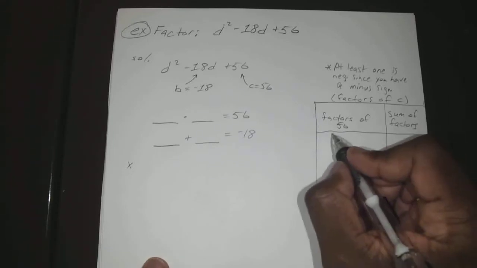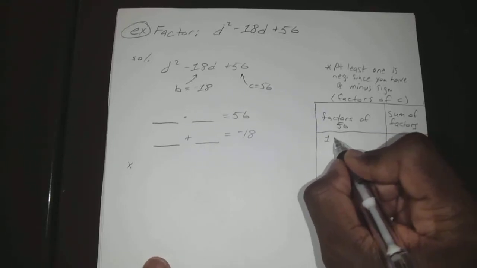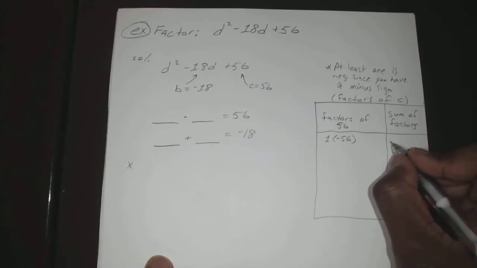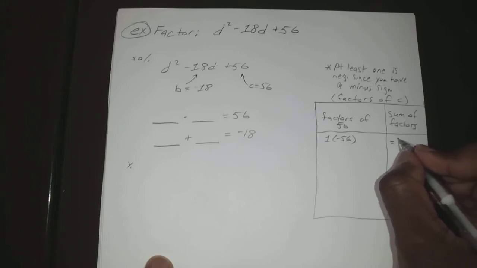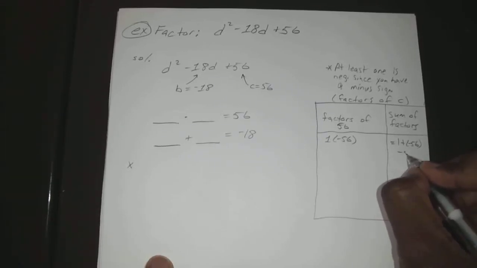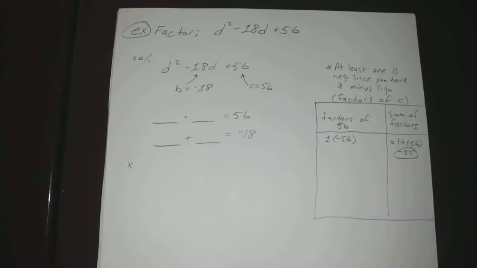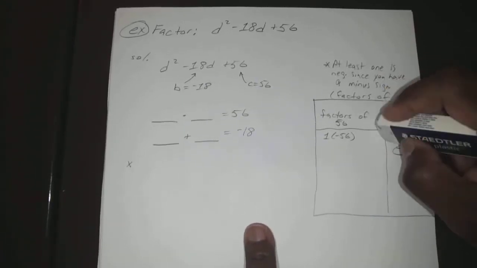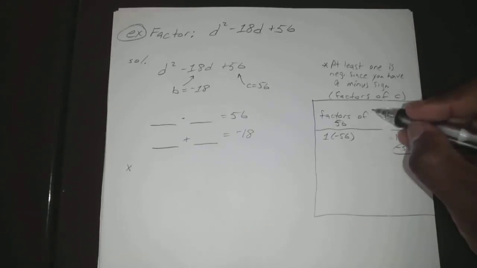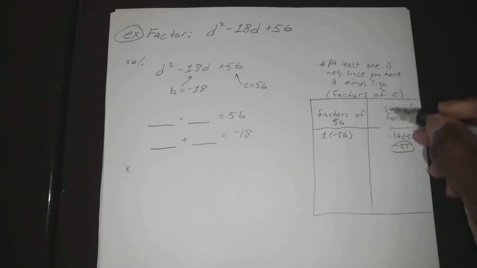Okay, so we can have 1 times negative 56. So if we add those together, 1 plus negative 56, we'll just end up with negative 55. Probably should move that over a little bit more. Give me a little more room. There we go.